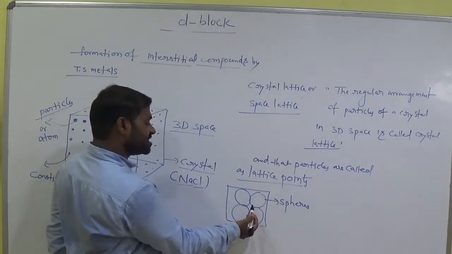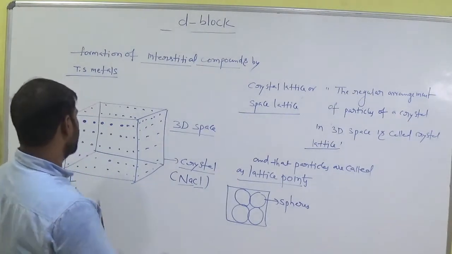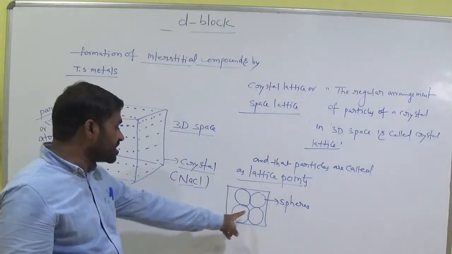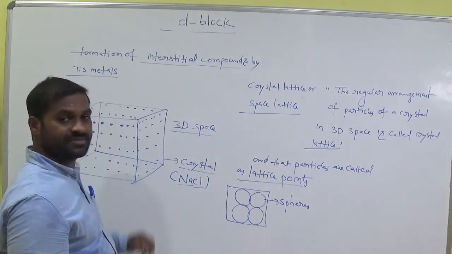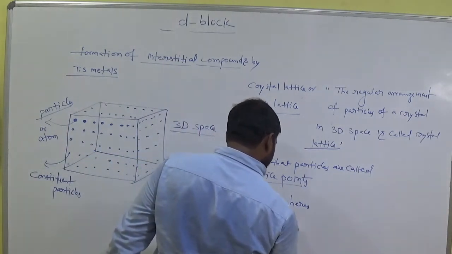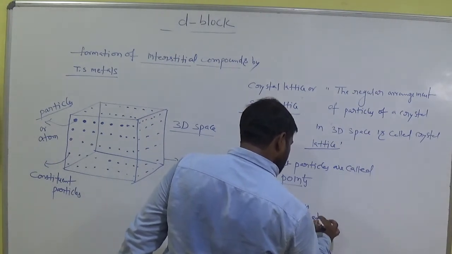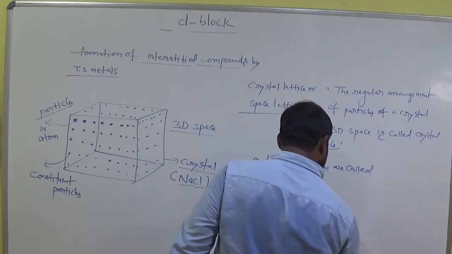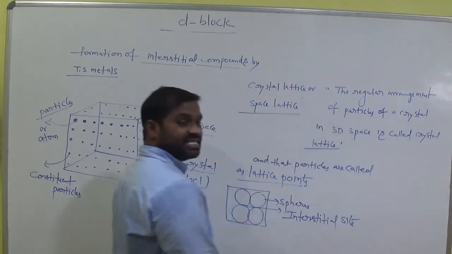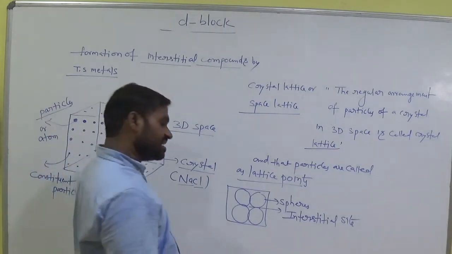This space is called an interstitial site. During the arrangement of particles, the spheres or particles leave some space in between them. This empty space is called an interstitial site.